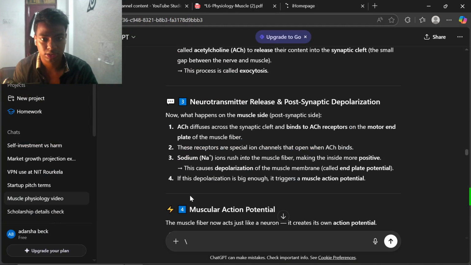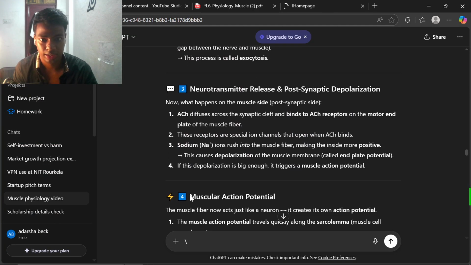After the acetylcholine is released, it binds to the acetylcholine receptor, and then again some channel opens.